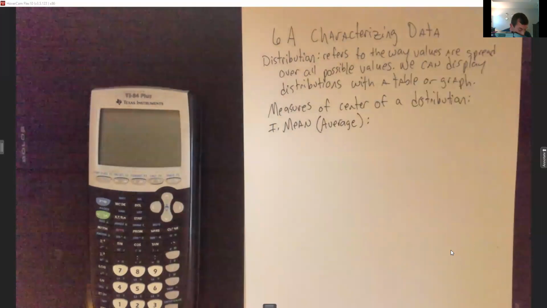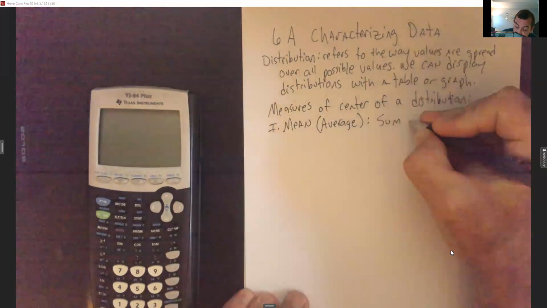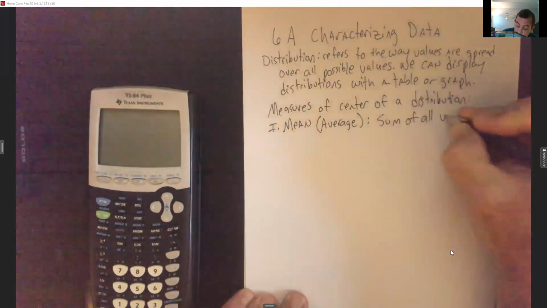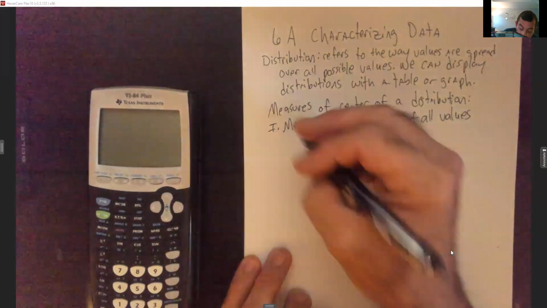So to find the mean is the sum of all values divided by the total number of values.